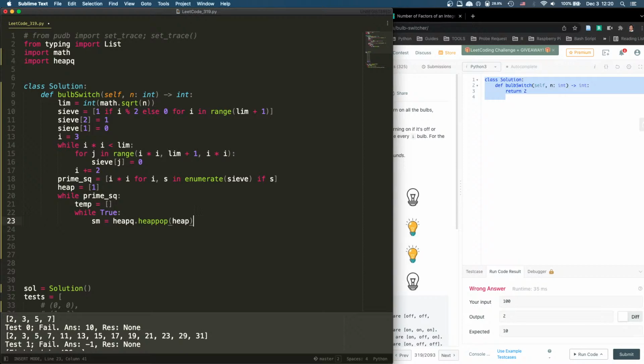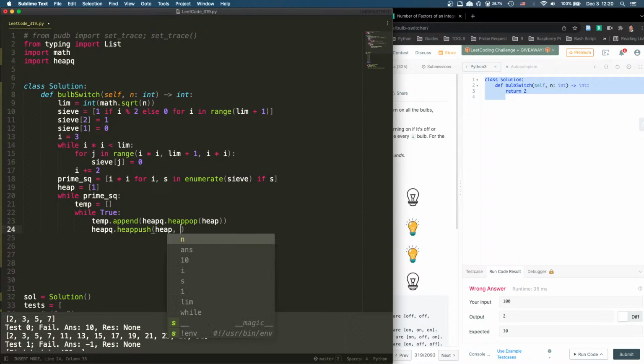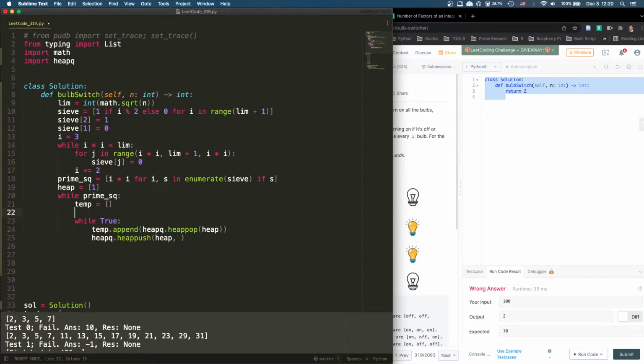So we're gonna say temp.append this, right? So we pop it out, and then heapq.heappush. So the current value is prime.pop, the largest.